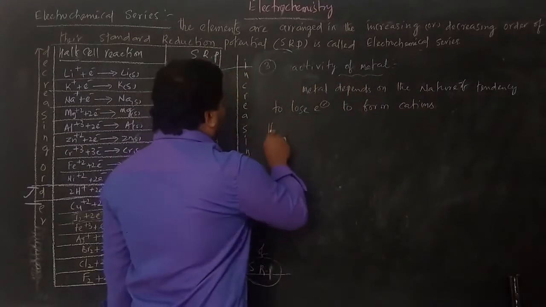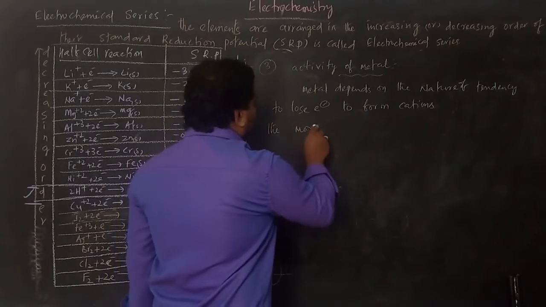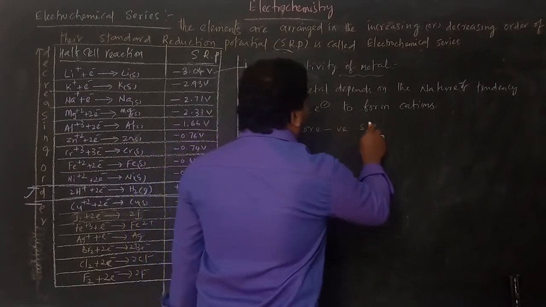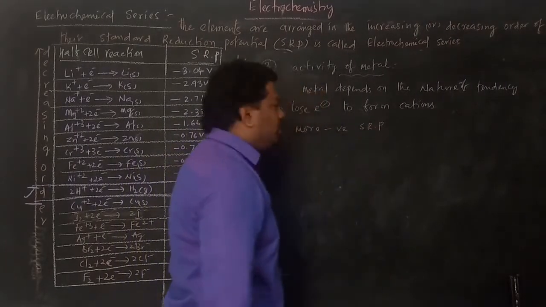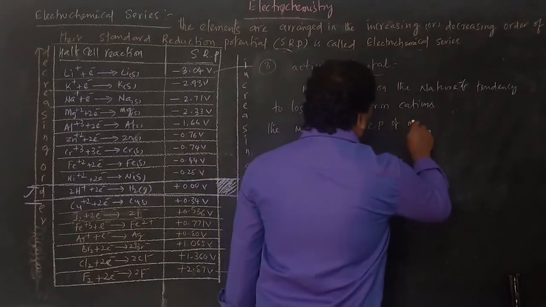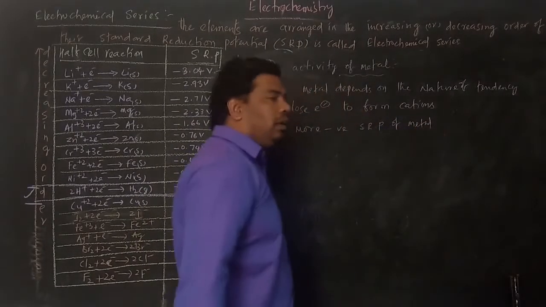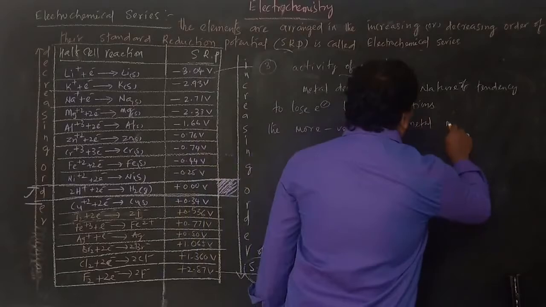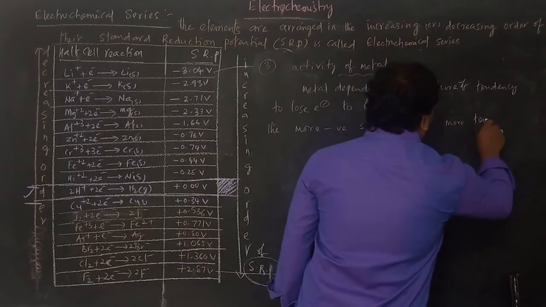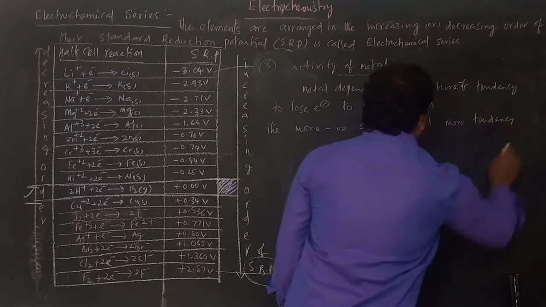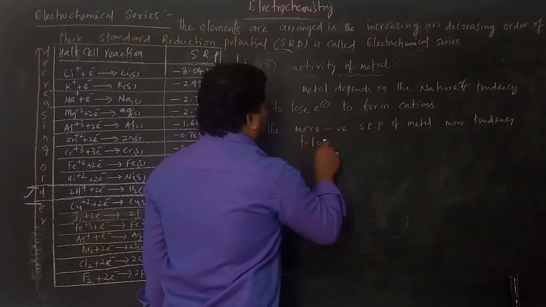The more negative the reduction potential of the metal, the more tendency to lose electrons.